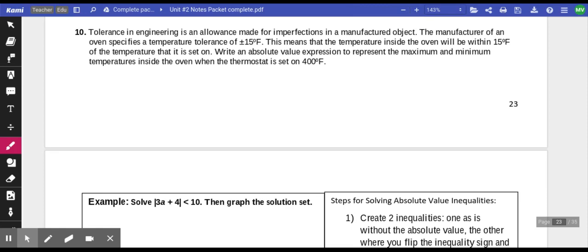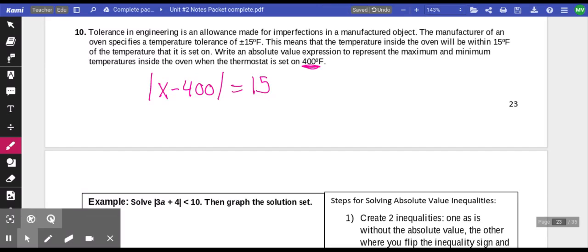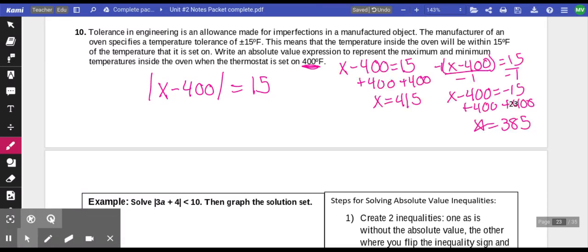Write an absolute value expression to express the maximum and minimum temperature inside the oven set for 400. So this is our middle value. So we're going to do the absolute value of x minus 400 equals 15. And then we can go ahead and solve that. So pause and solve it. So when we solve our absolute value equation, we get that the oven can be between 415 and 385 degrees.